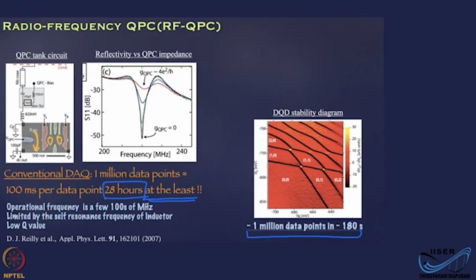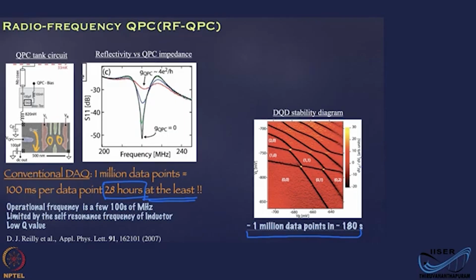So this is a huge technological advancement, especially for these kinds of measurements where you need to carry out sensitive measurements, and the more time you spend, the more noise and all kinds of other issues you can have. So it's important that you finish this measurement much faster to go to your point of interest.